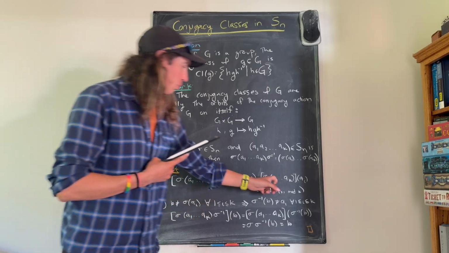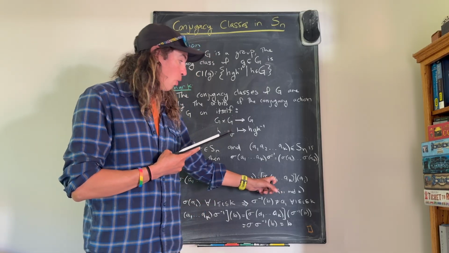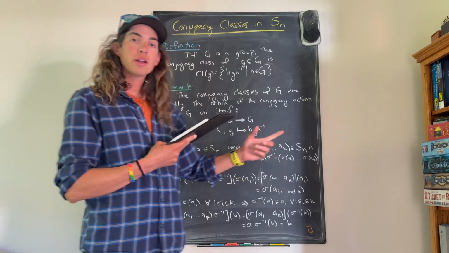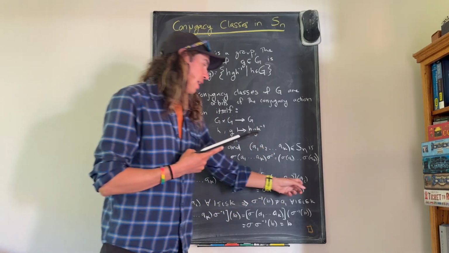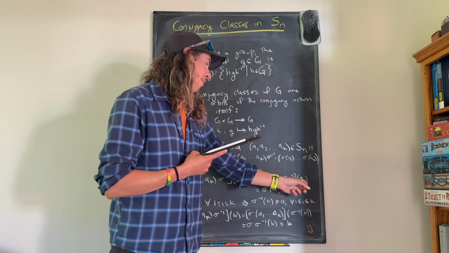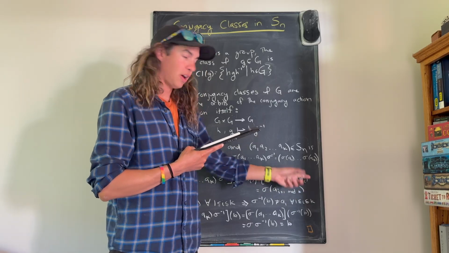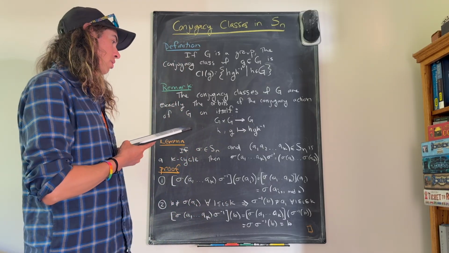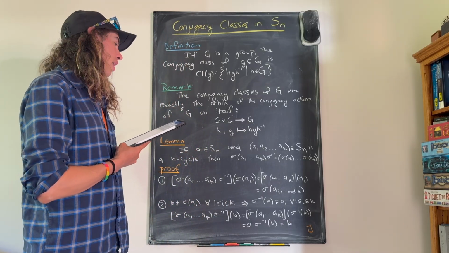Great, but we know what this k-cycle does to ai. It sends ai to a(i+1) mod k, because of course, if i is k, then this will send it back to a1.